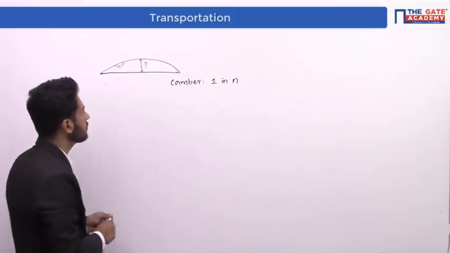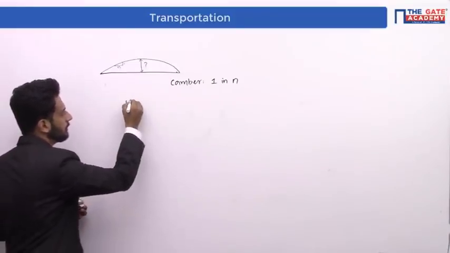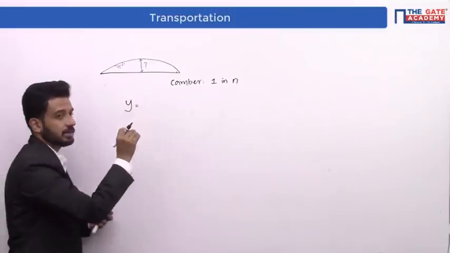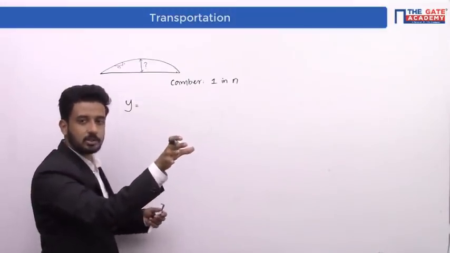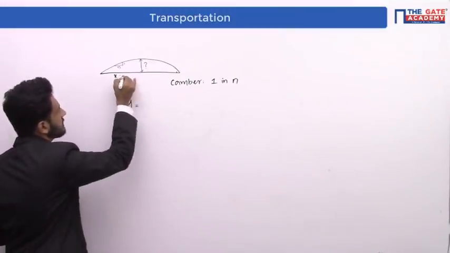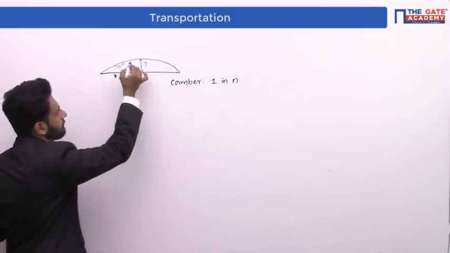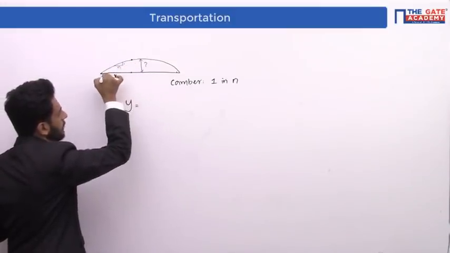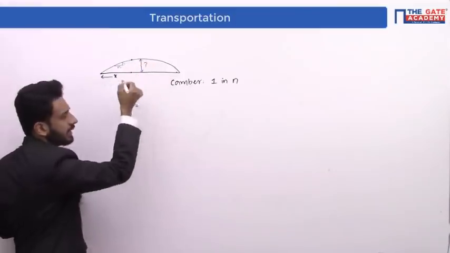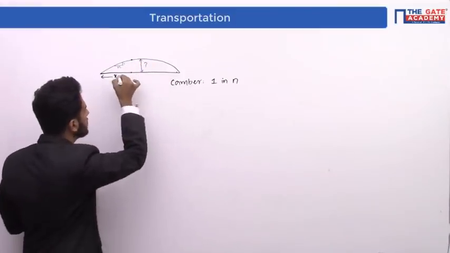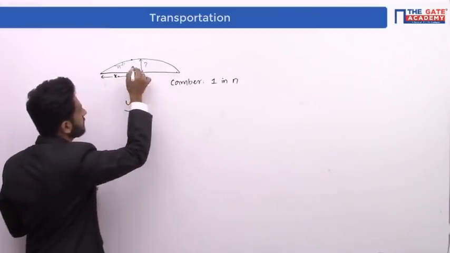Correct? So we know at any height, at any horizontal distance x. See, suppose I am taking a point here. Instead of crown, I am taking some other point which is at x distance.